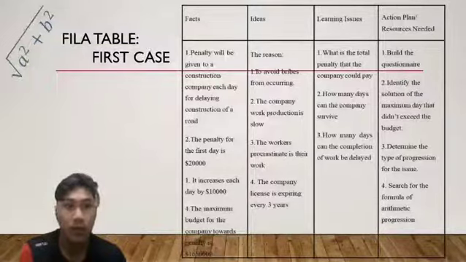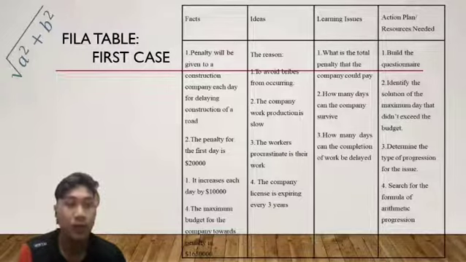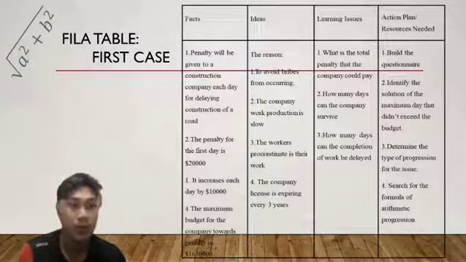Third, it increased each day by 10,000. Ideas: the workers procrastinate their work. Any issues: how many days can the completion of work be delayed? Action plan: determine the type of progression for the issue.